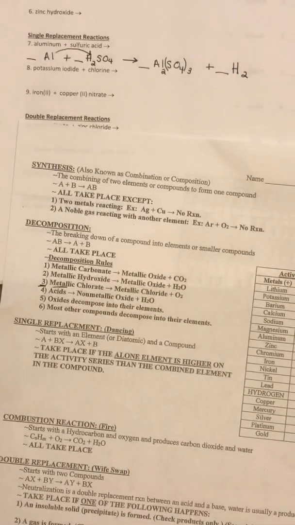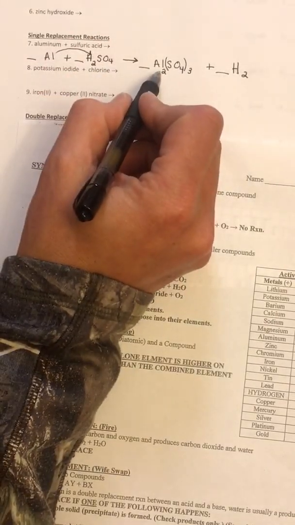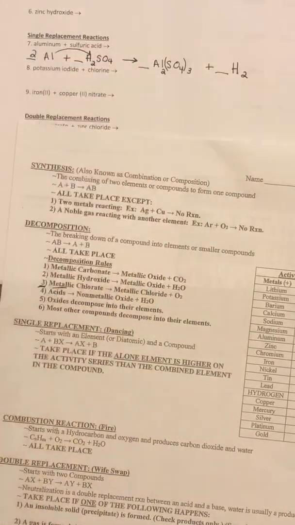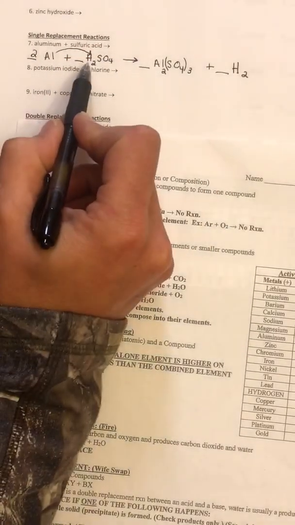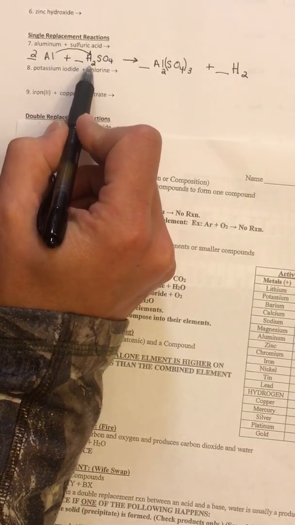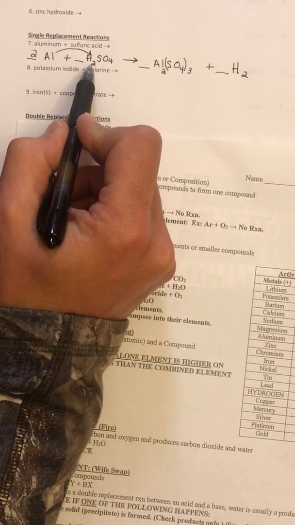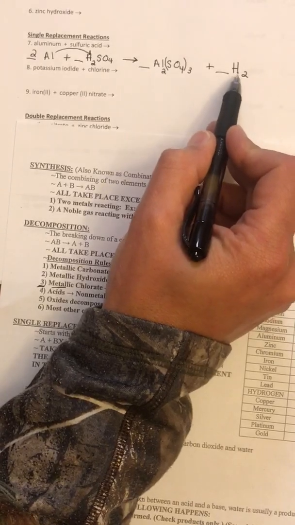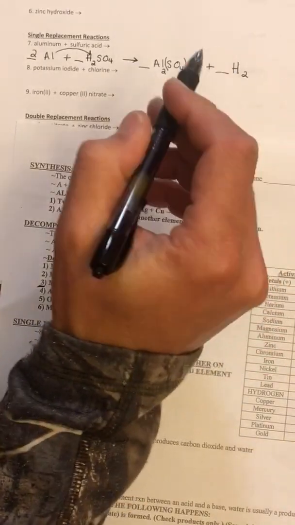So all the subscripts are done. I just have to add coefficients where necessary. Over here we have 2 aluminums because it's Al2, so I'm going to put a 2 out in front here to balance the aluminums. The hydrogens, H2, we have 2 here, and over here we have 2, so right now the hydrogens are good.